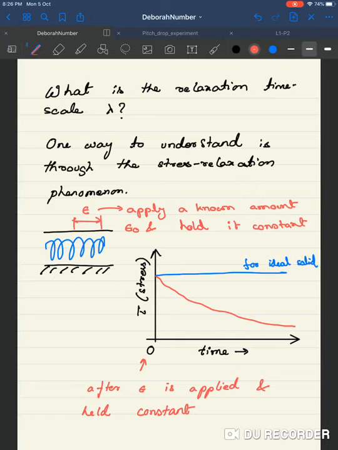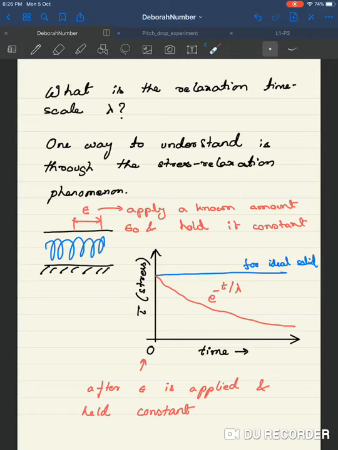For example, in some cases this could be just an exponential function, of the order of e to the minus t over lambda, where t is in units of time so you have to non-dimensionalize it. So this characteristic time scale lambda is the relaxation time scale. The exponential decrease is just an example.